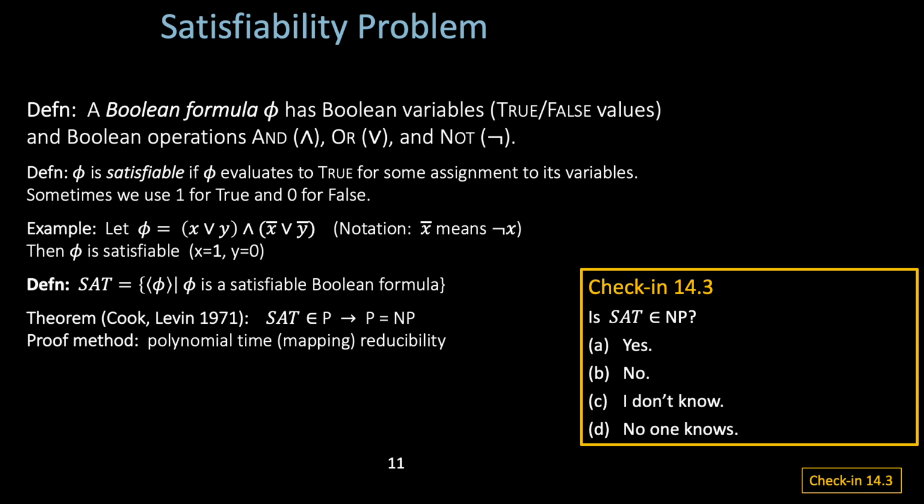Now, going back to the definition of NP, the definition of NP says if I can verify in polynomial time, then it's in NP. If I give you a formula and then I say, here is how I assign my variables, x, y, and so on, I could have n variables, you just plug them in and then check if the whole thing evaluates to true.